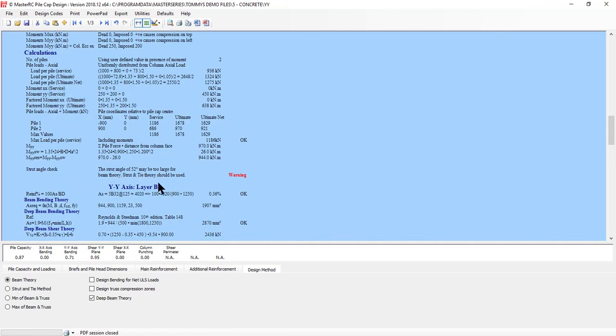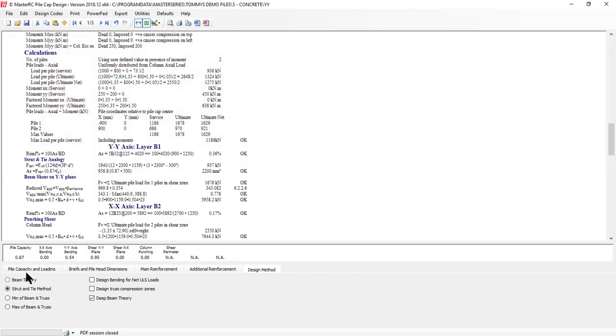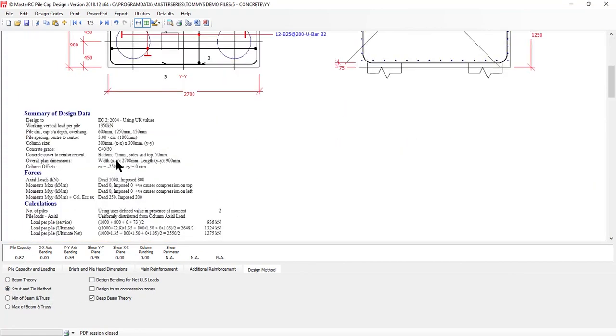And it's now turning around and saying that, well, actually the strut angle is too large for beam theory. So it's saying, no, no, no, you should be, in this case, asking for strut and tie rather than beam theory. So it is, again, holding your hand.